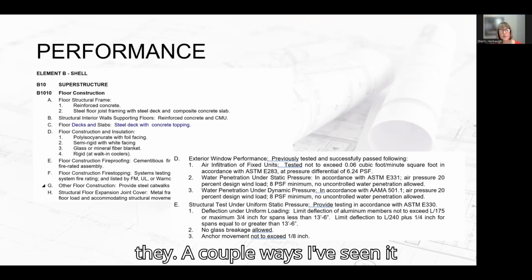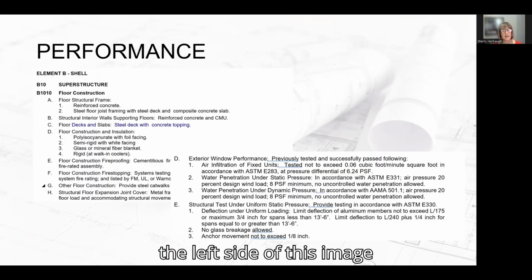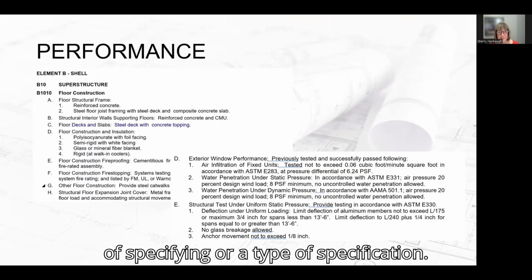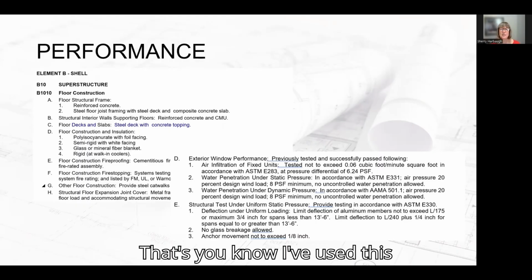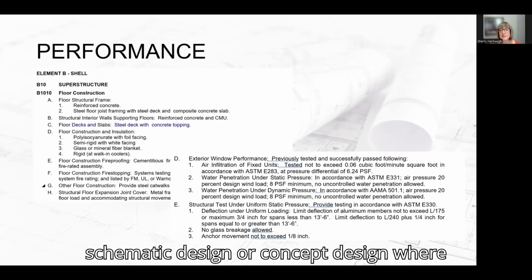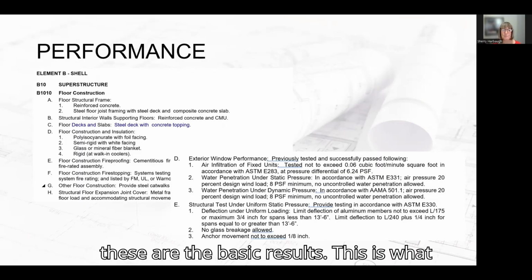A couple of ways I've seen it: some of you might recognize on the left side of this image, that's UniFormat. That's another method of specifying, or a type of specification. I've used this really early, like schematic design or concept design, where we're just briefly describing the basic results.